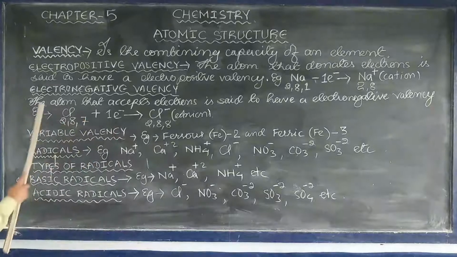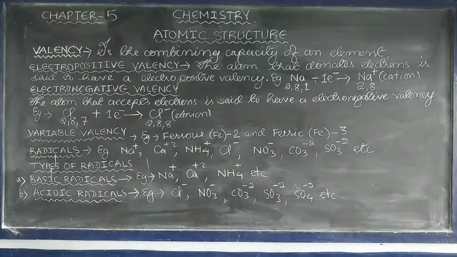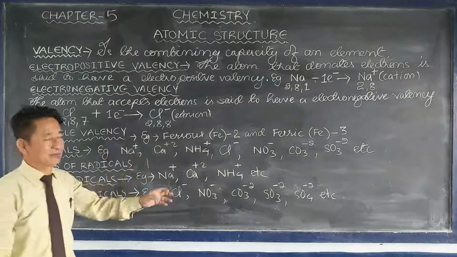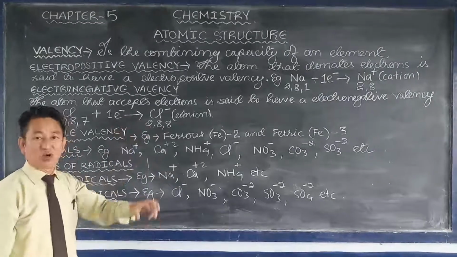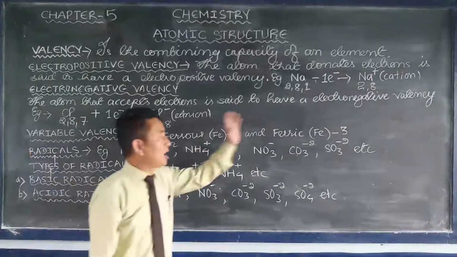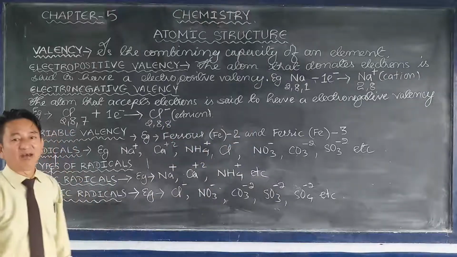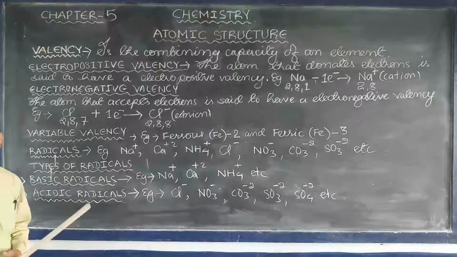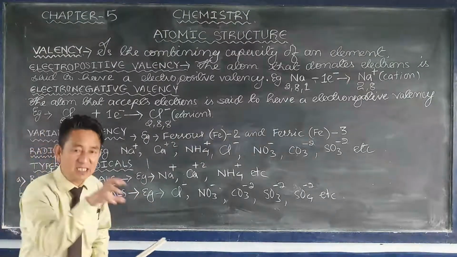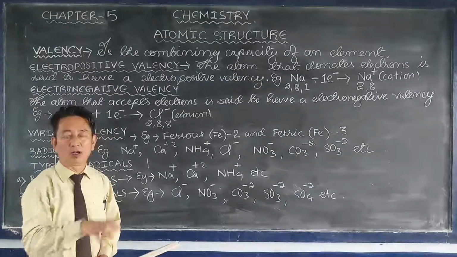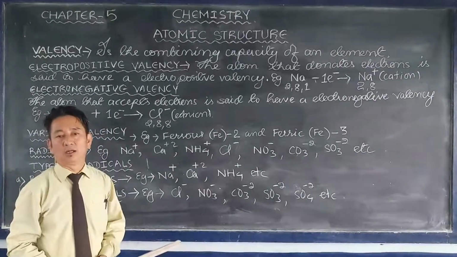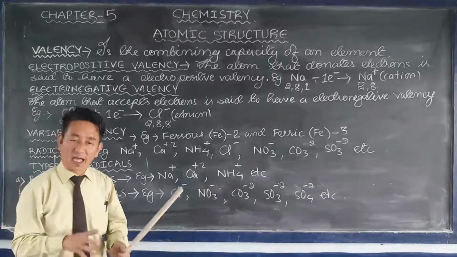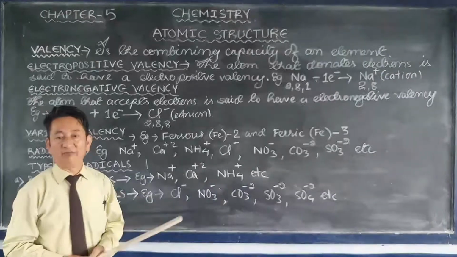Now next, electronegative valency. The atom that accepts or gains electrons is said to have electronegative valency. Non-metallic atoms have a tendency to accept or gain electrons, and they have electronegative valency.